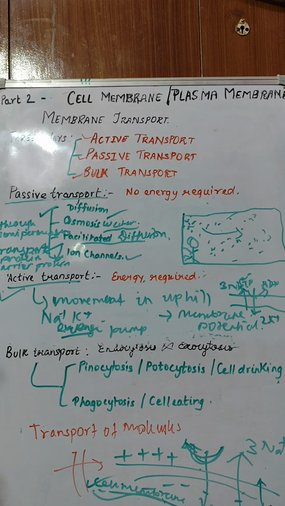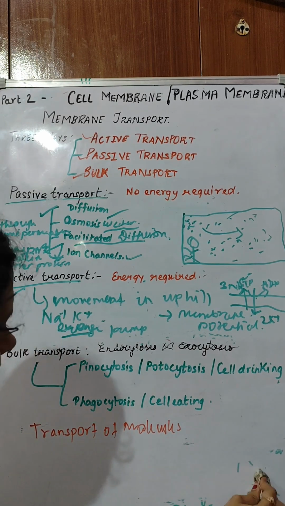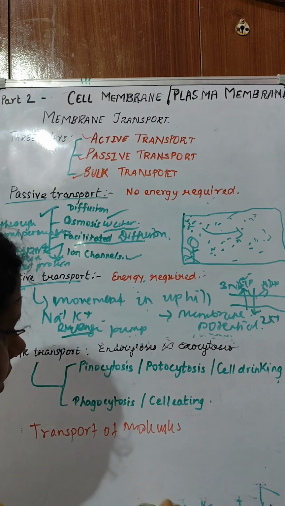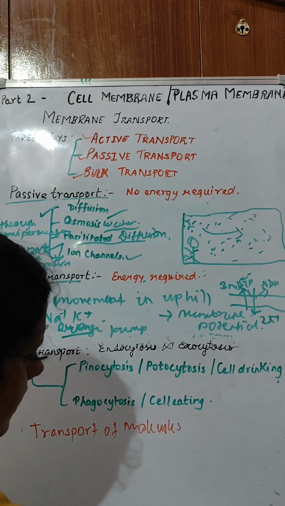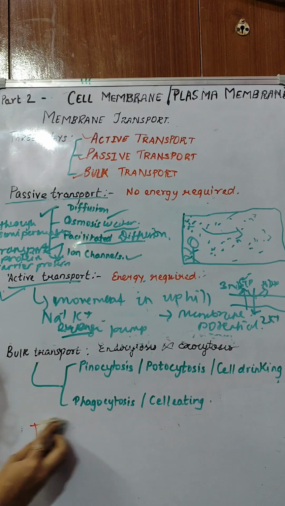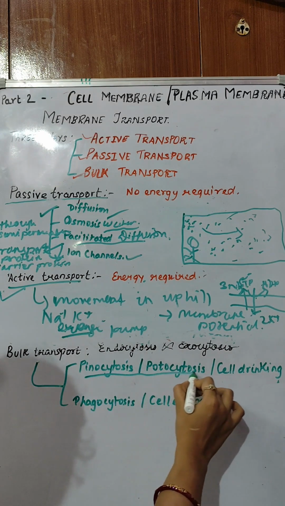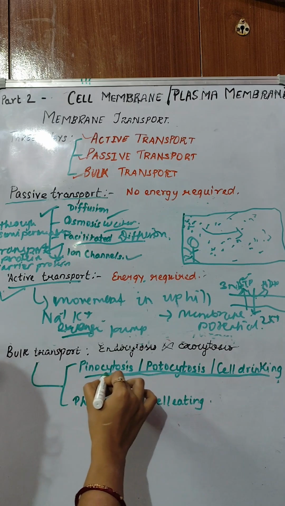After this, the next is bulk transport. What is bulk transport? Bulk transport means transport of molecules in bulk, or you can say many molecules are transferred together. Pinocytosis, or cell drinking, or potocytosis, all these are synonyms, the same in meaning.